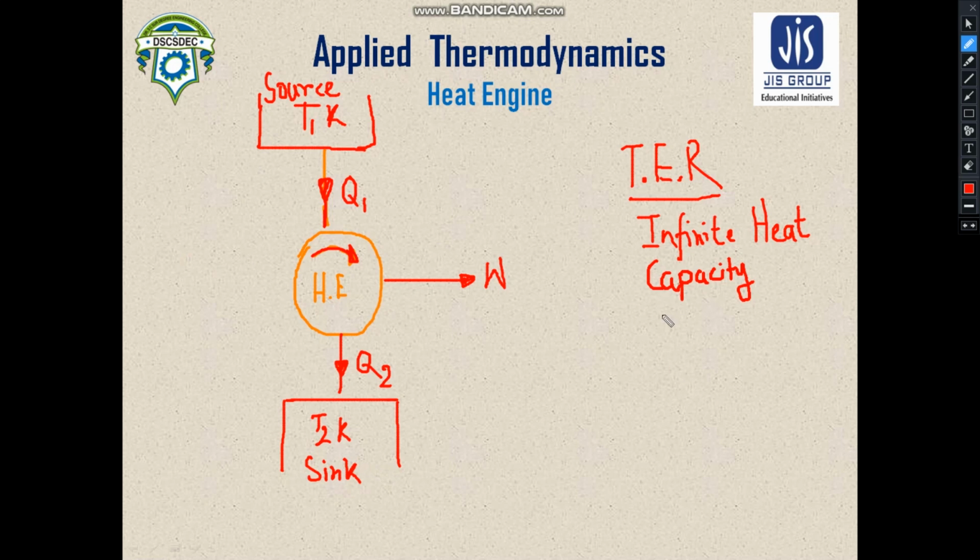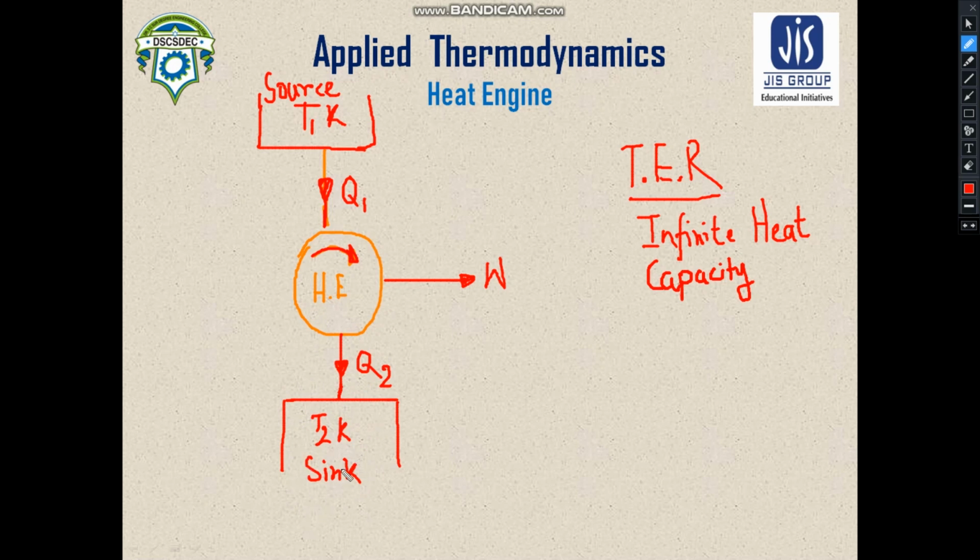And for the sinks, when heat is rejected to them, let us assume we can take the atmosphere or a large river as the sink. Here you can see that this Q2 heat is being added to this low temperature reservoir. This heat is the rejected heat by this engine, and it is being added to the sink.